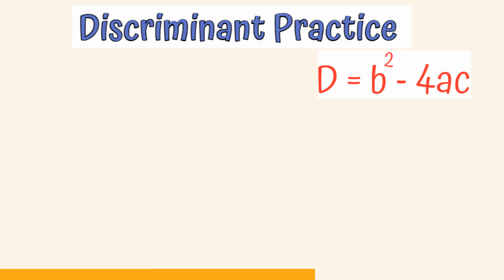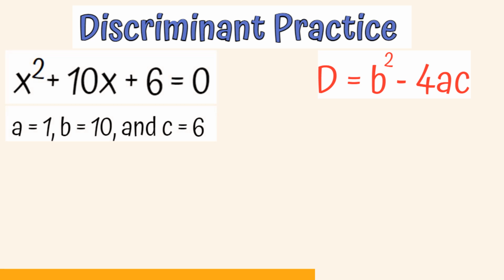Let's look at another one. So first, we're going to find our discriminant, which is D. And then we're going to figure out what b squared is. So we're going to plug in b here. So that's 10 squared minus 4 times a. a was 1.